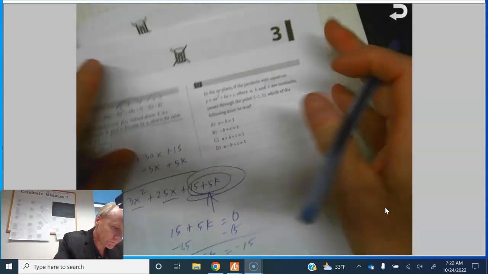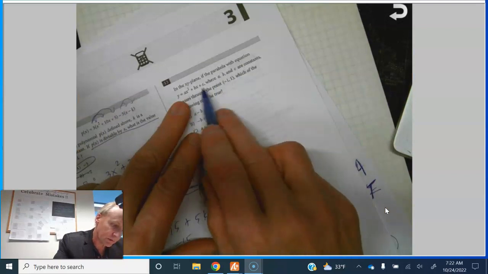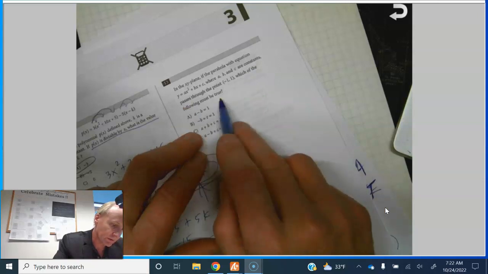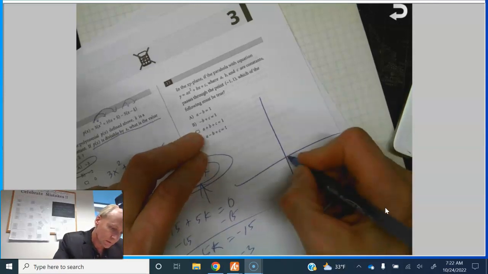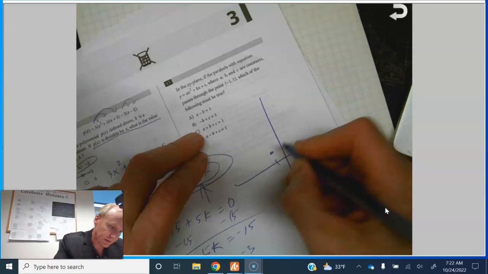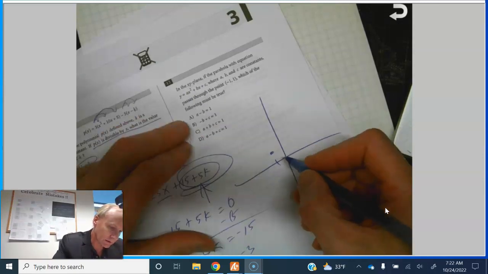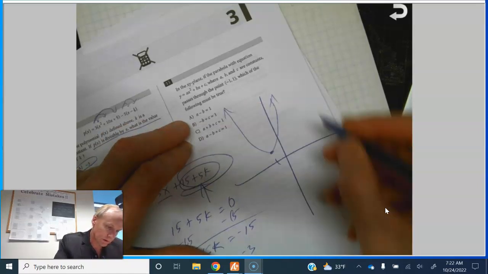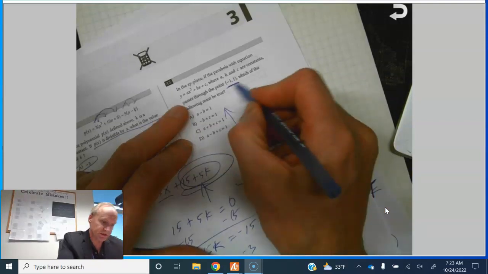All right. In the xy plane, if the parabola with the equation y equals ax squared plus bx plus c passes through the point negative 1, 1, which of the following must be true? Well, negative 1, 1 is right here. It doesn't specify which way. So let's see. It could go up. It could go down. But it has to be a solution, doesn't it?